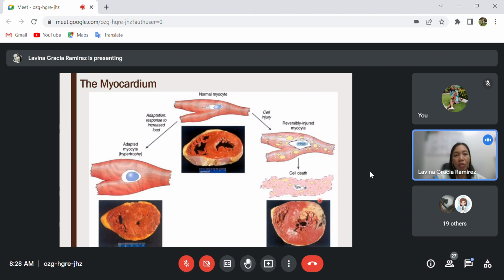Once infarction occurs, that is where we have a problem. Infarctions can lead to death, not of the heart, but death of an individual.